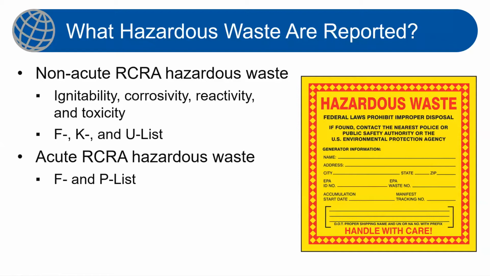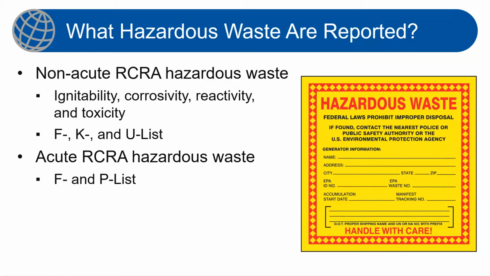Our K-listed waste, K list, and our U list are also comprised of RCRA hazardous waste that are considered to be non-acute. Now, in regards to our acute RCRA hazardous waste, it's none of our characteristic hazardous waste.